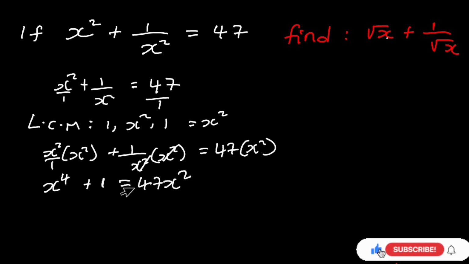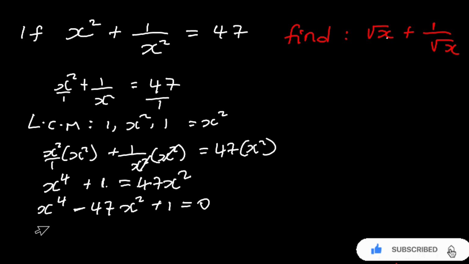Alright, so let's collect like terms. Let's rearrange this equation by taking this 47x squared to the left-hand side. When we do that, we're going to have x exponent 4 minus 47x squared plus 1 equal to 0. So at this point, let's assume y is equal to x squared.